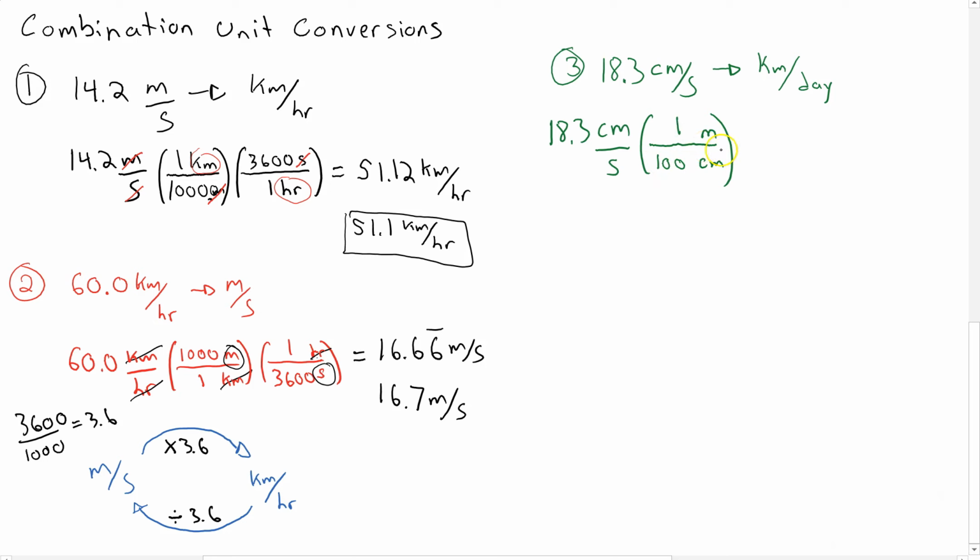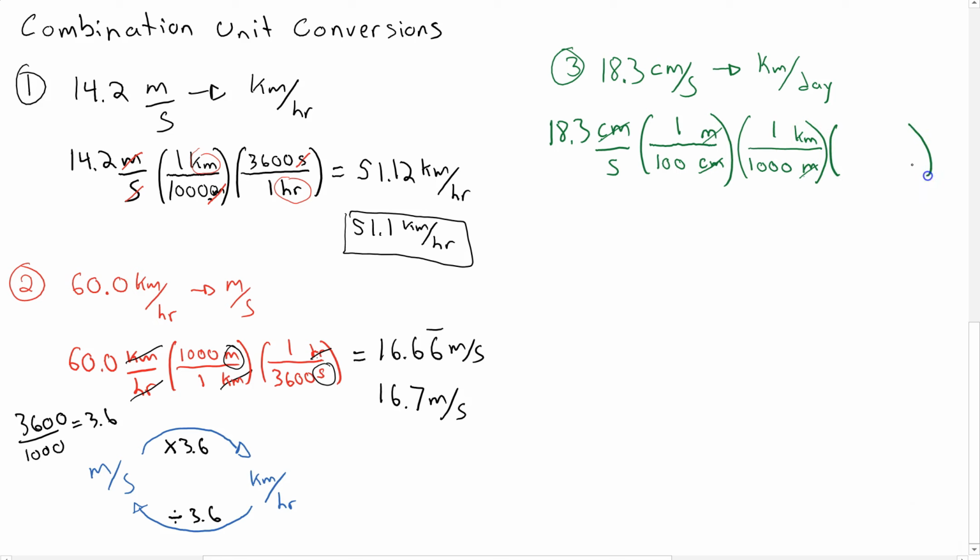And then I'm going to do another fancy one, which is going to go from meters to kilometers. Here I know there's 1 kilometer in 1,000 meters. And here, centimeters cancel, meters cancel. I'm left with kilometers per second right now.